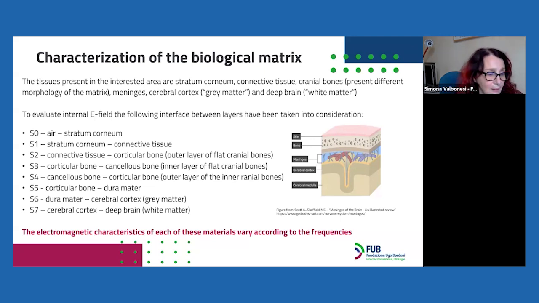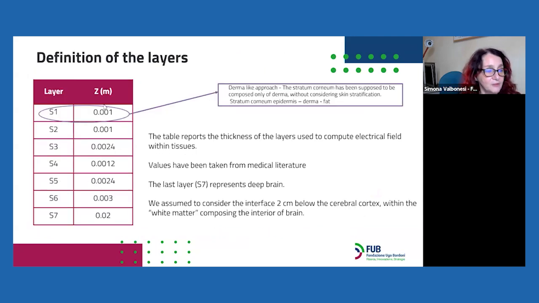One is characterized by a high percentage of water inside, the cancellous bone, and the other is characterized by a lower percentage of water inside. Then we got corticular bone, dura mater, cerebral cortex, deep brain. And what we must take into consideration is that the electromagnetic characteristic of each of these materials varies according to the frequency.